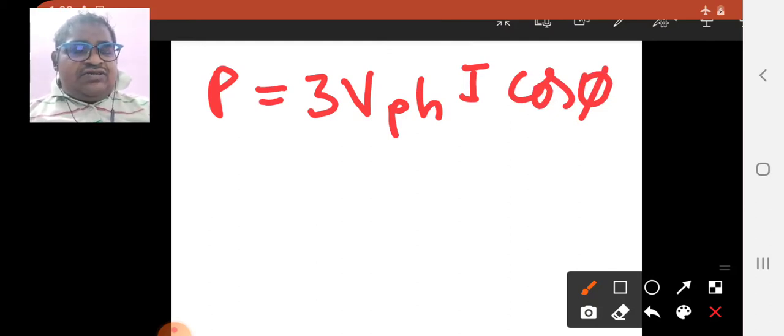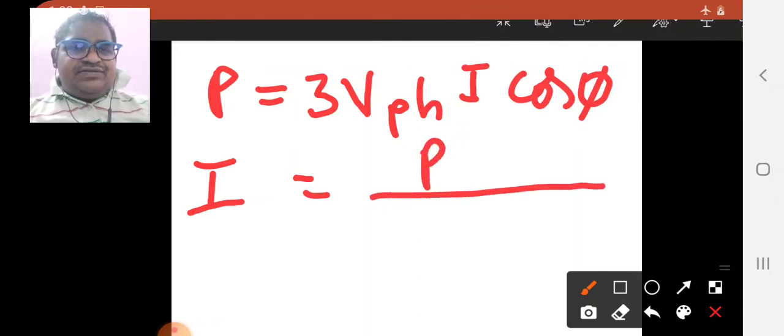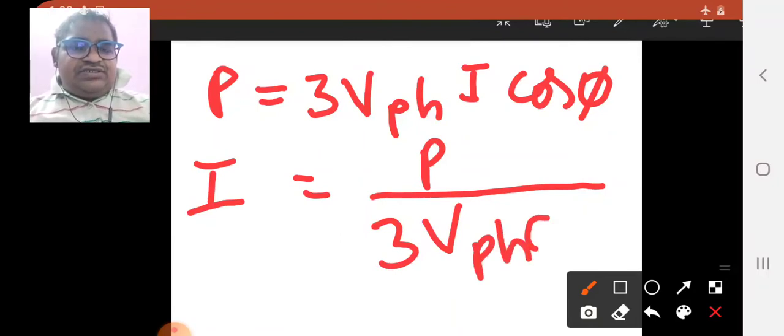Phase current is equal to line current, so directly I take I only. Hence I is equal to P by 3 V phase cos phi.